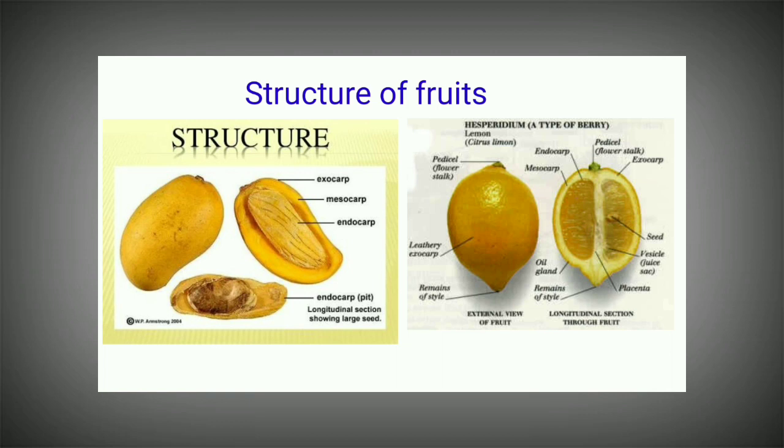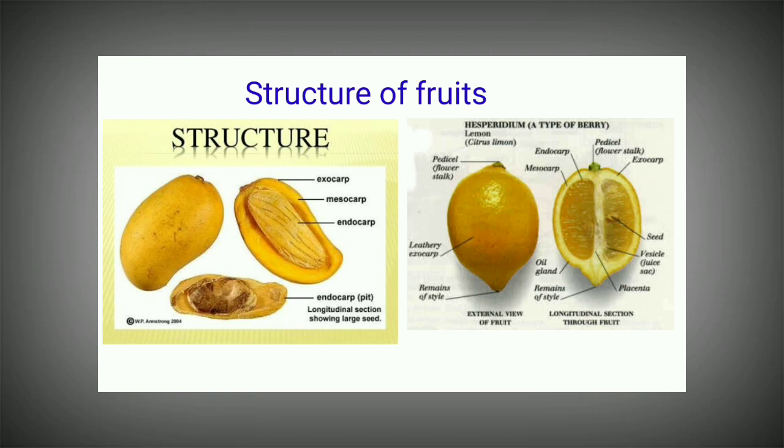And the pericarp develops into three distinct structures: the epicarp, mesocarp and the endocarp. Epicarp is the skin of the fruit, or you can say the outer part of the fruit. Then comes the middle fleshy part, which is the mesocarp, and the inner membranous part, that is the endocarp.